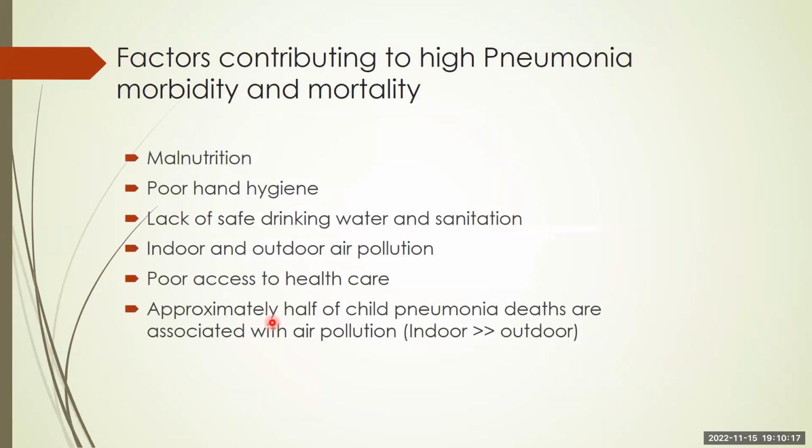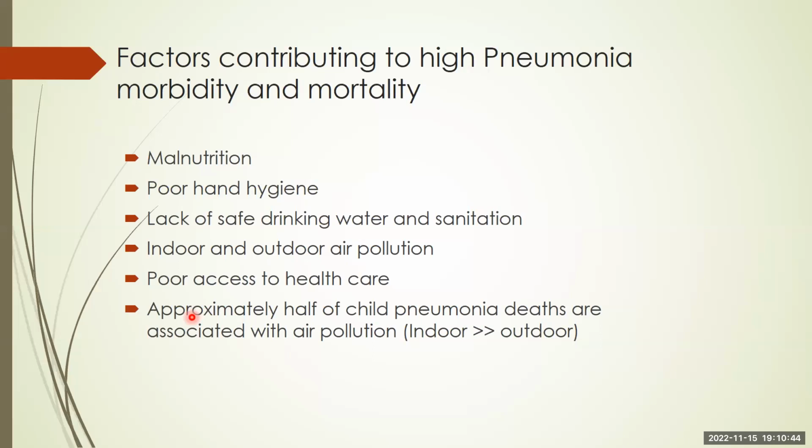So the factors contributing to high pneumonia morbidity and mortality include malnutrition. Malnutrition makes a person more susceptible to infections such as pneumonia. Poor hand hygiene, lack of safe drinking water and sanitation, indoor and outdoor air pollution. Approximately half of child pneumonia deaths are associated with air pollution, indoor air pollution being more than outdoor.